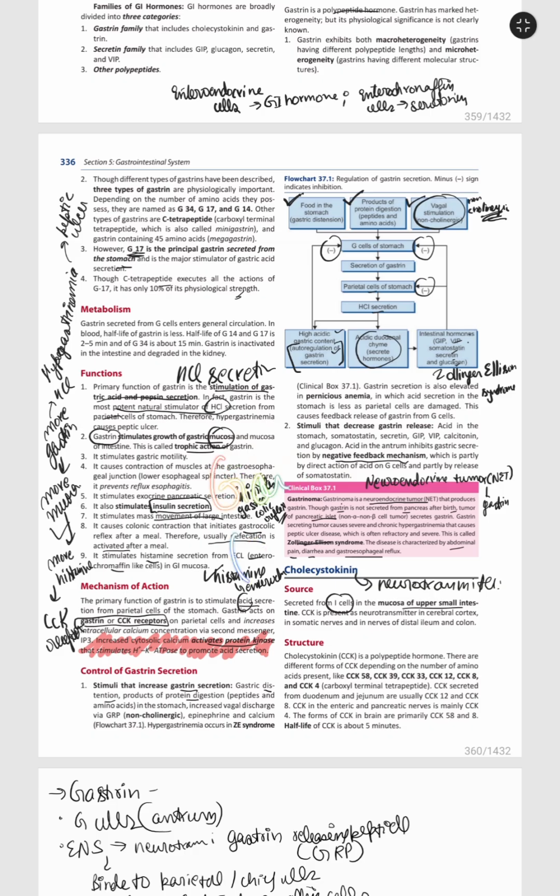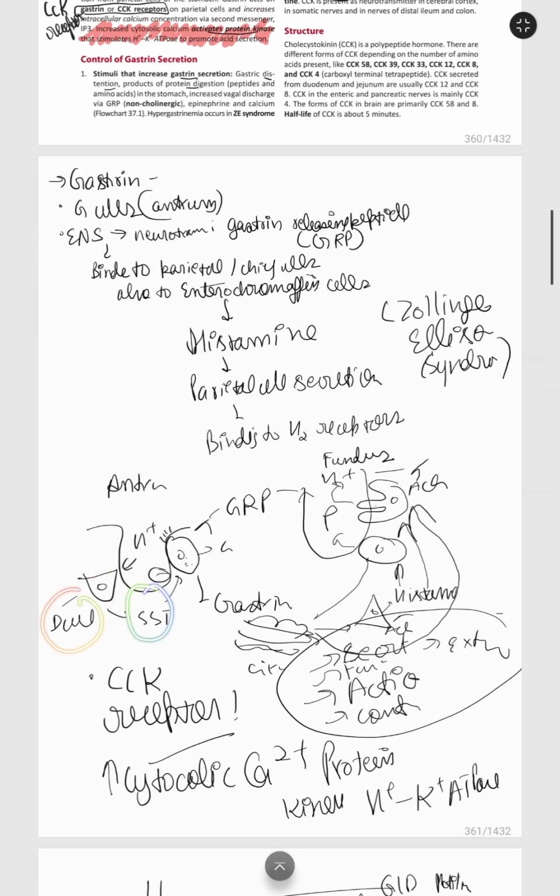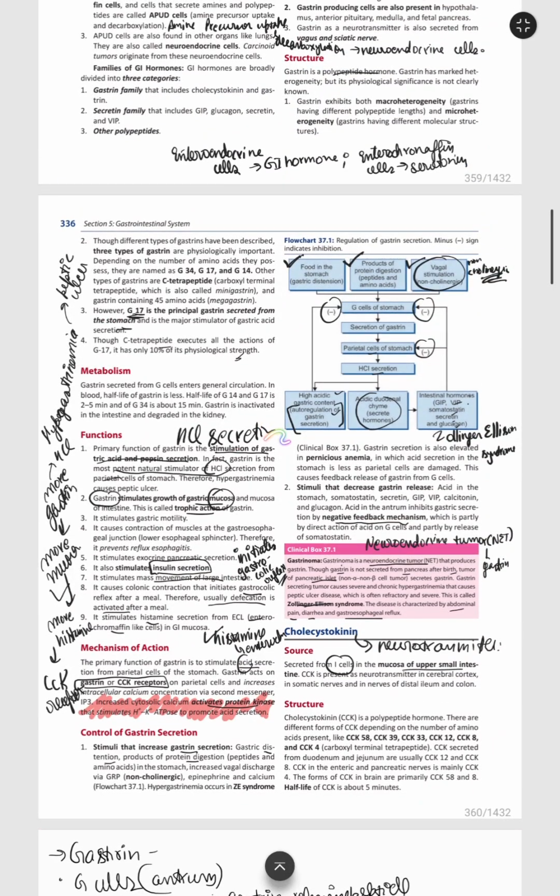Gastrin basically stimulates gastric acid secretion and pepsin secretion. These are basically gastric acid, pepsin secretion, HCl secretion from parietal cells of the stomach.